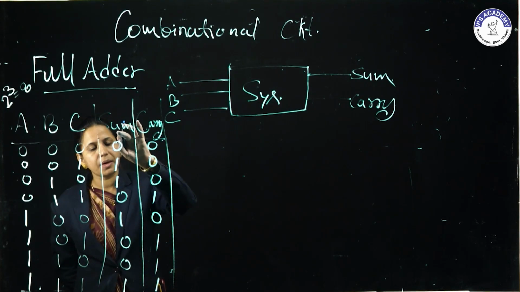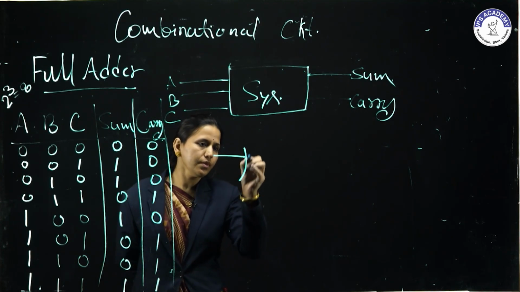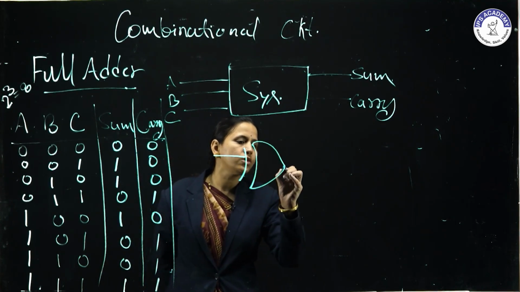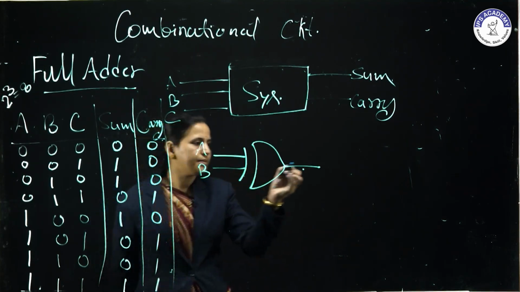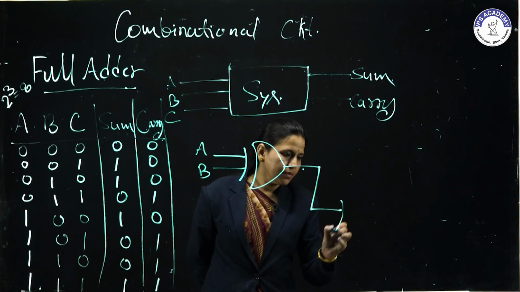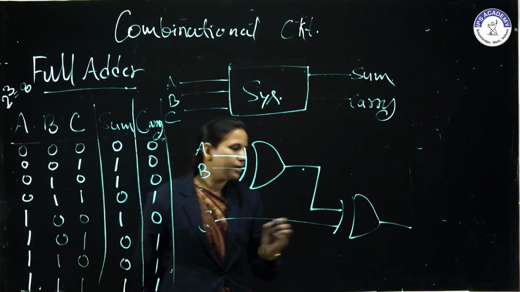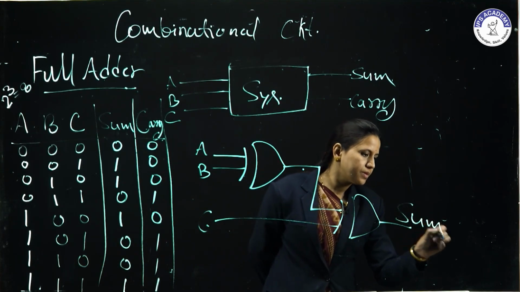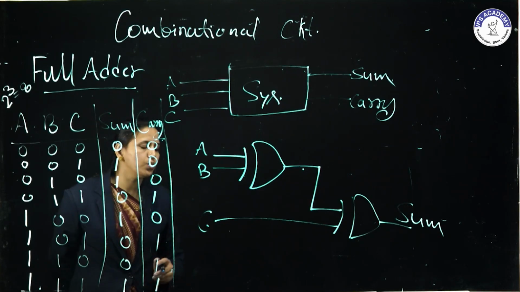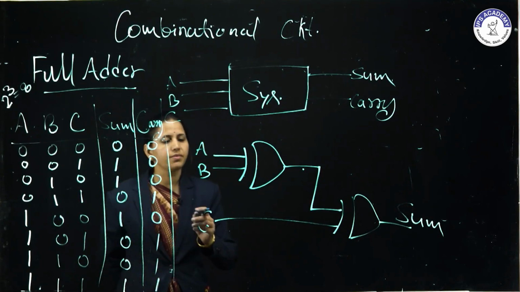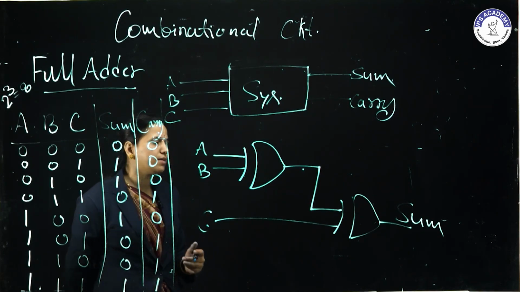For the summation, we can use two half adders, that means two exclusive OR gates with inputs A and B. So this will be the sum. And for carry we can use the AND gate. So we can say the combination of two half adders is equal to one full adder.